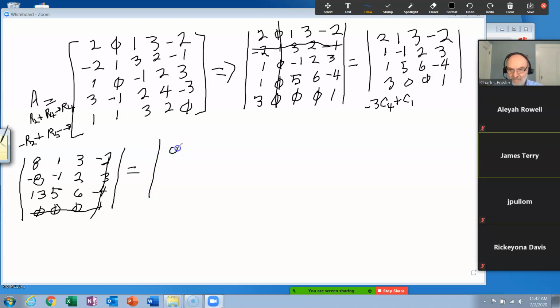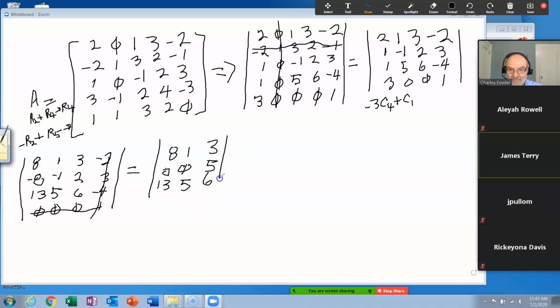So let's leave row 1 alone. 8, 1, 3, and add those two rows together, and that gives you a 0, a 0, and a 5. Then just write down the next three: a 13, a 5, and a 6.